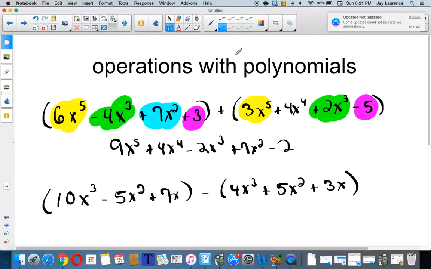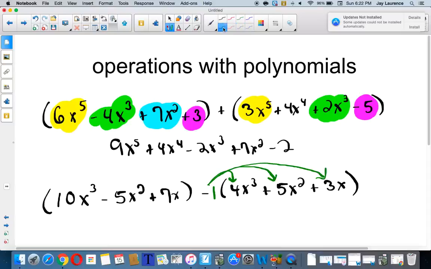Now, some of you can do that awesome, and then you don't stop to think on the next problem. You see it's subtraction? You can't just subtract the first two terms. You have to subtract all the second quantity from the first quantity. Well, what you do is you distribute a negative 1. See the negative 1 there? Yeah, you can always insert a 1. It doesn't hurt anything. So I multiply all three terms by negative 1.